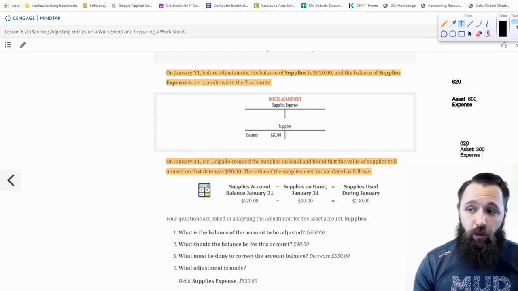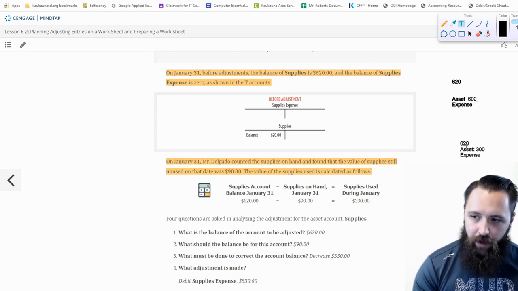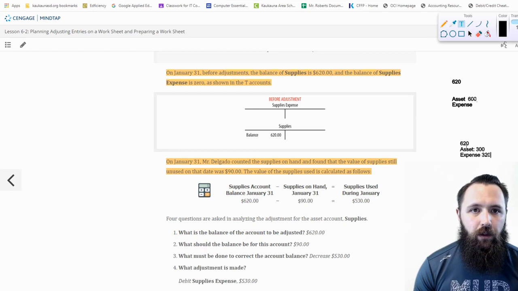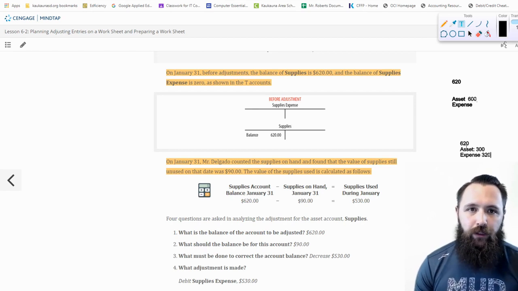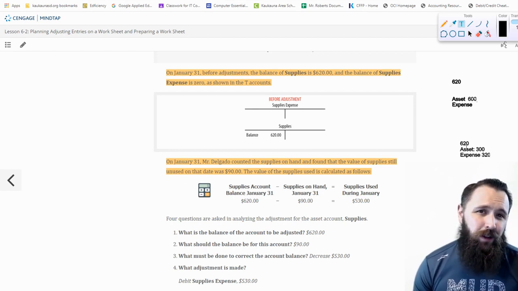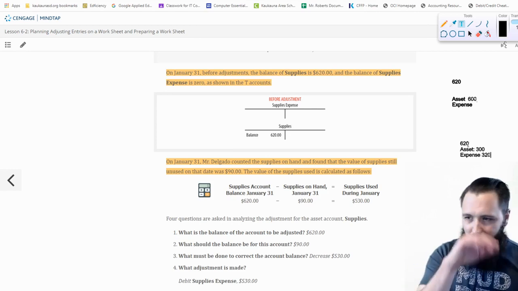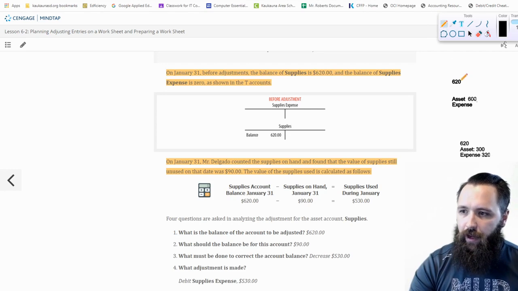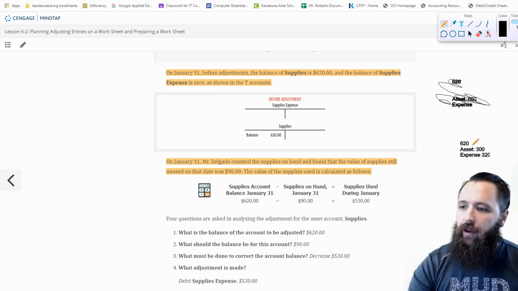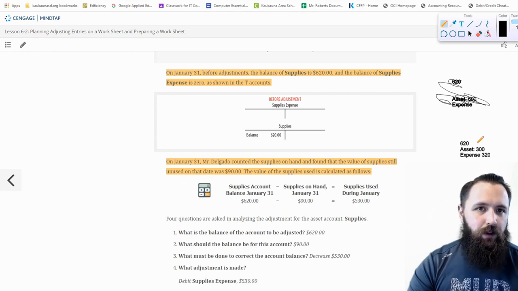Because it has to go into one of these two. Well, my expenses then are going to be 320. Okay, it must go in one of the two directions. We either used it or we didn't use it. All right. So just looking at this, let's take the second example. Let's cross out this one and take this second example. On the 31st, our assets is 620.